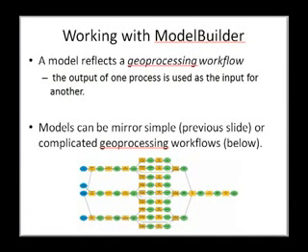A model really reflects a geoprocessing workflow. The output of one process is often used as the input for another, that intermediate data. And models can be mirrors of simple or complicated geoprocessing workflows. So the previous slide showed us a simple geoprocessing workflow, and the example below on this slide shows a more complex geoprocessing model that you can't really see that well.